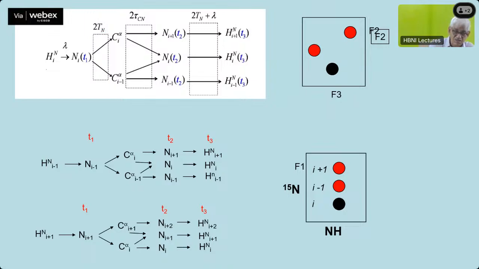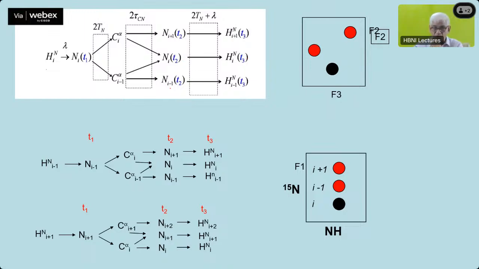From C alpha I and C alpha I minus 1, you transfer to the nitrogen I plus 1, nitrogen I, self residue, and also to the I minus 1 nitrogen. And all these are now labeled in T2. Okay, and then from this nitrogen you transfer to the amide proton, which is labeled in T3. From here you go to the amide, from here you go to the amide.